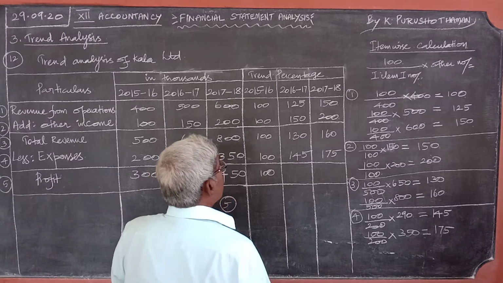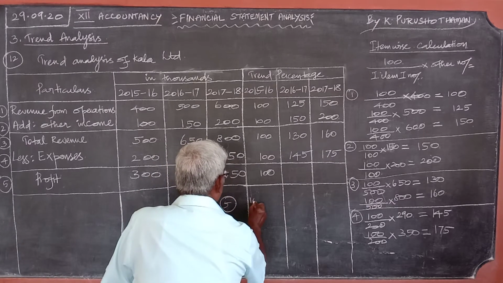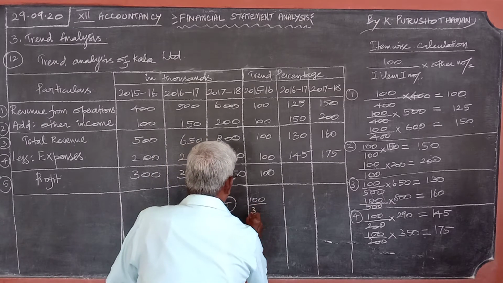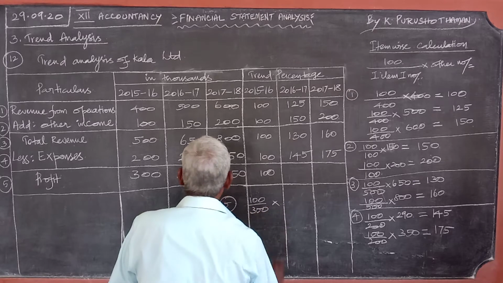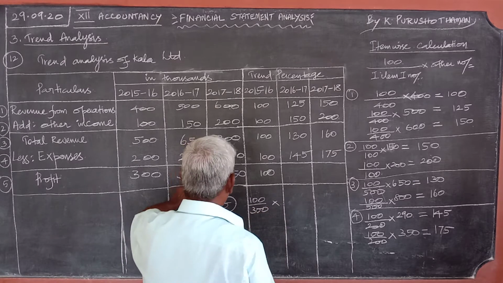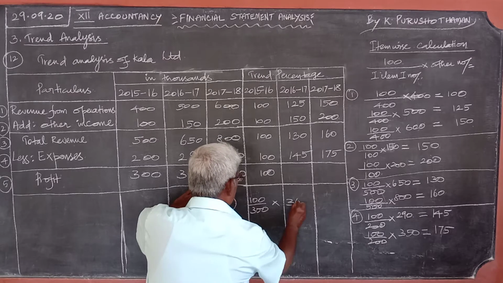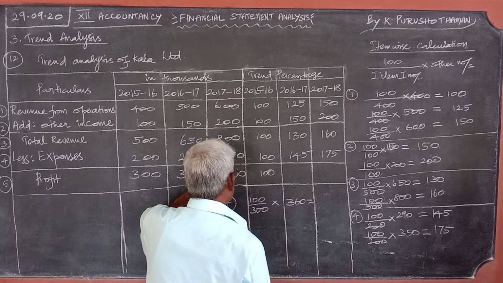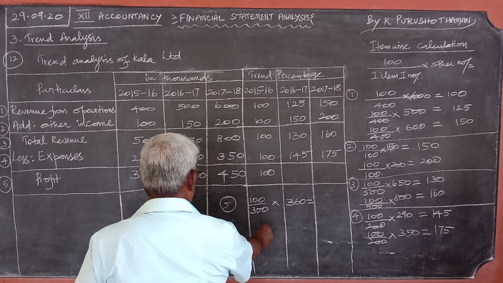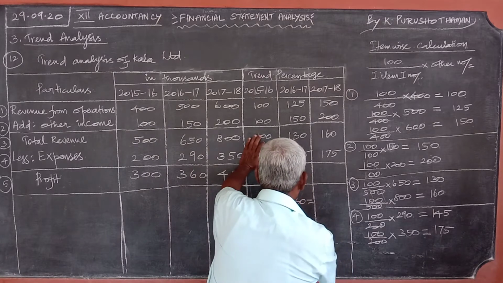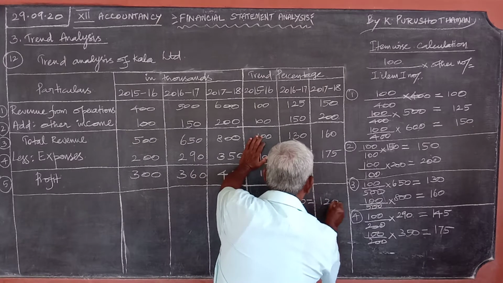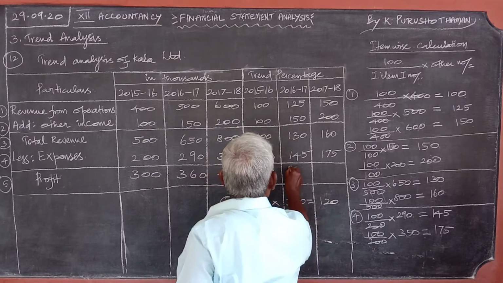And profits, the first one, 300, that is 100 by the first number, 300, into the next number, 360, equal to, if you simplify, 120. This is 120%.